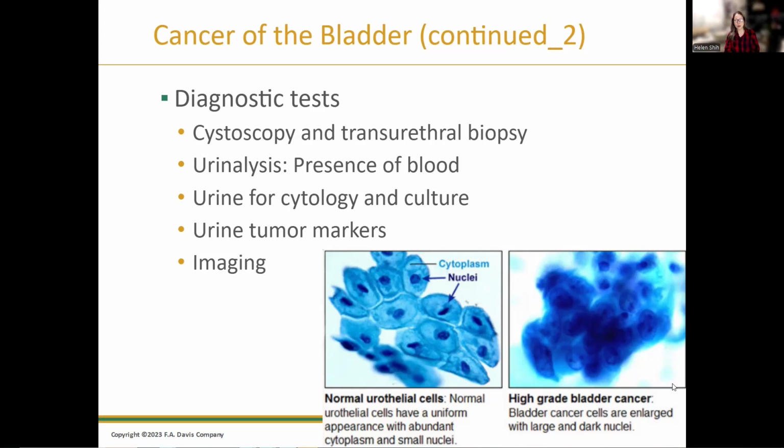In cancer, the nucleus has lost control of how much and how often to multiply and grow at the same time. And so, in something like bladder cancer, your cells have now undergone a mutation. And so, the nuclei in the picture are dark and enlarged because they are constantly splitting.